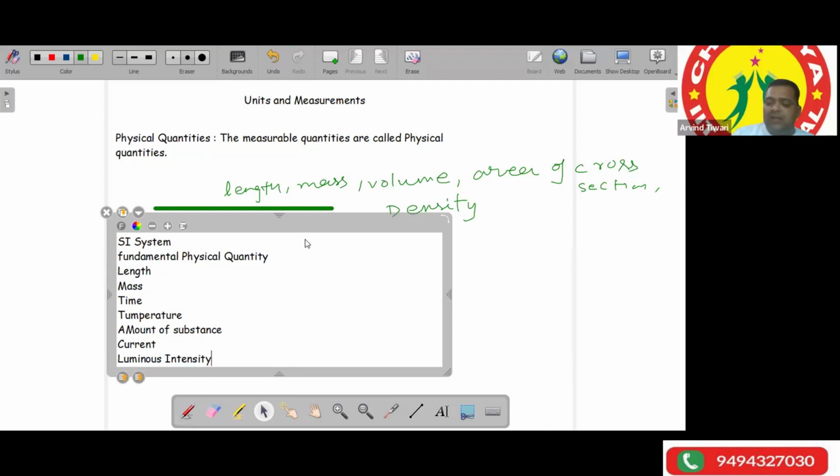So these are the seven fundamental quantities as described by the SI system of units.